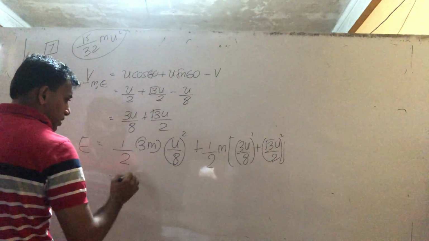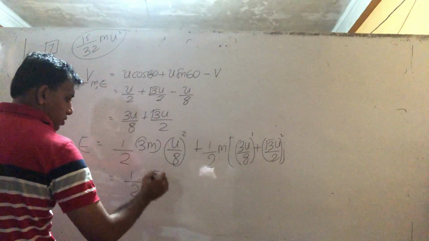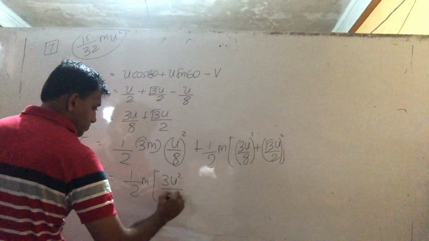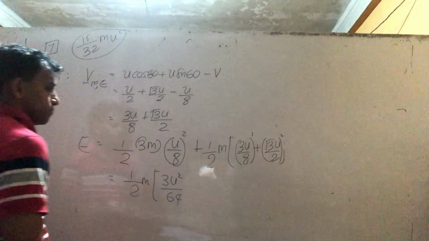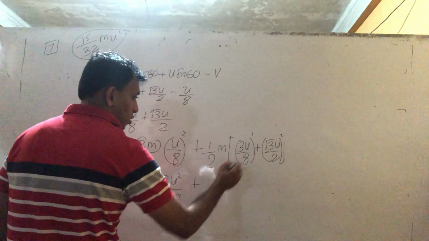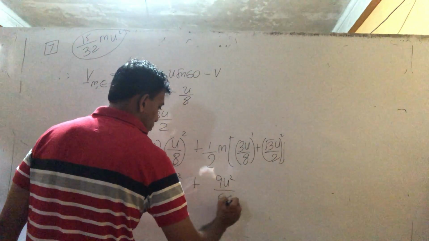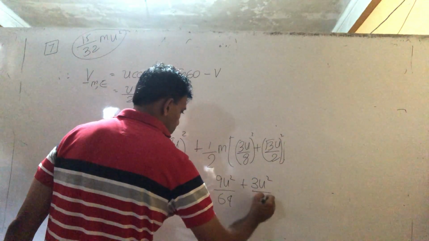So here 3u square over 64 plus 9u square over 64 plus 3u square over 4.